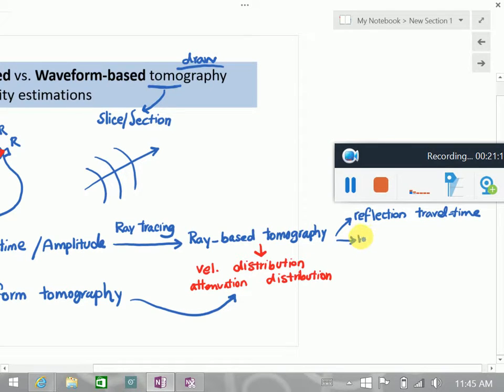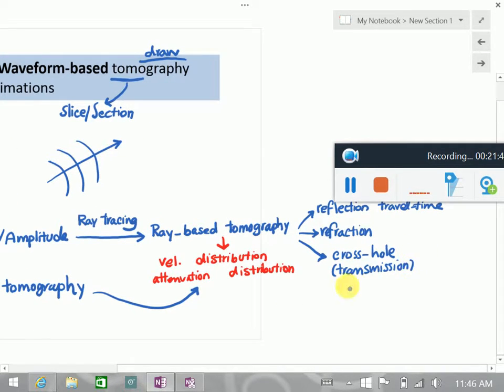It can be used for refraction tomography. It can be used for crosshole, or crosshole is the seismic term. In NDE, it's a transmission tomography.